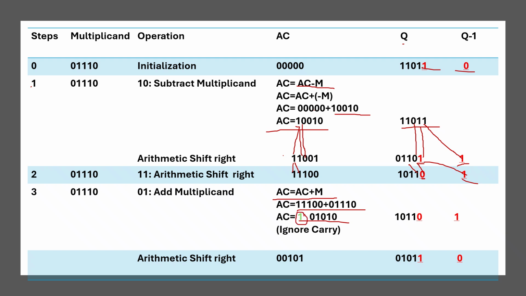Now, after the addition we perform the arithmetic right shift, and the final result we get is 00101 and 01011. So the third iteration is completed.